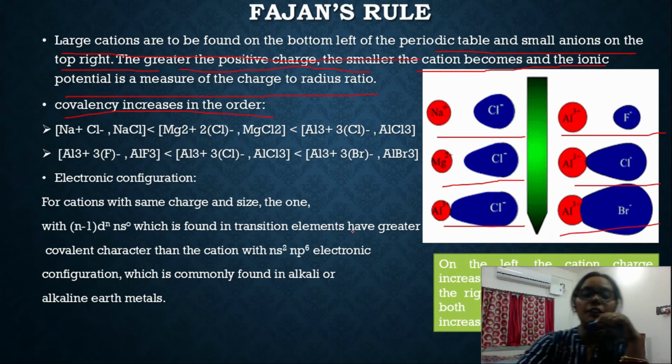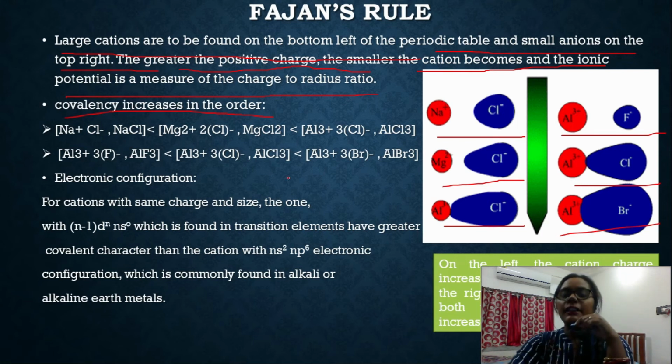For aluminum bromide, the covalent character is higher because of the size effect and the charge to radius ratio. Okay, so all this is because the charge to radius ratio is high. That is why the covalent character will be higher.